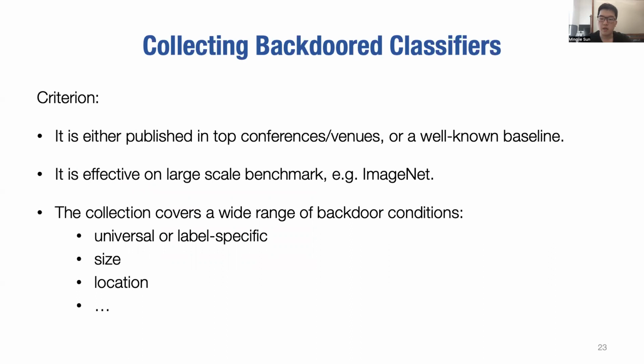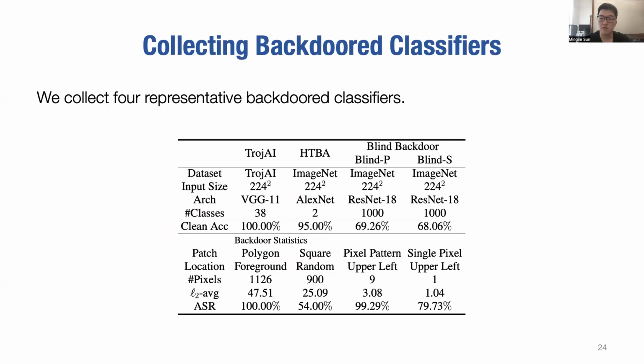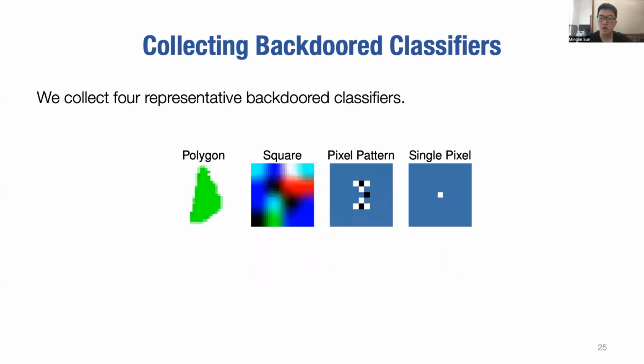Second, it should be demonstrated to be effective on a large-scale benchmark, ImageNet for example. Third, the collection of these classifiers should cover a variety of backdoor conditions. We end up with 4 representative backdoor classifiers. Here we list their statistics, and the 4 different backdoors they use.